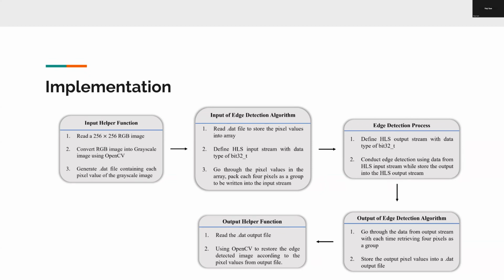After we finish the packing step, we transmit these groups to the edge detection modules and conduct the edge detection process. Then after processing the data pixels, we get the output pixel values, and we write them into an output file in dat file format, and we read the output file and transform it into the image.